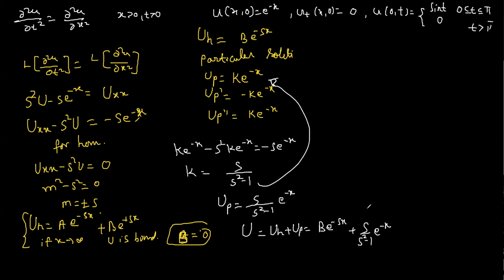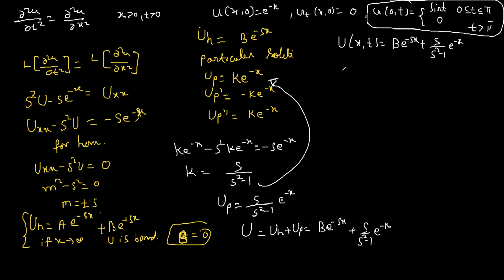Now, how we will find B? Here you have uxt is equal to. Use this condition. What is the condition? Put x is equal to 0.